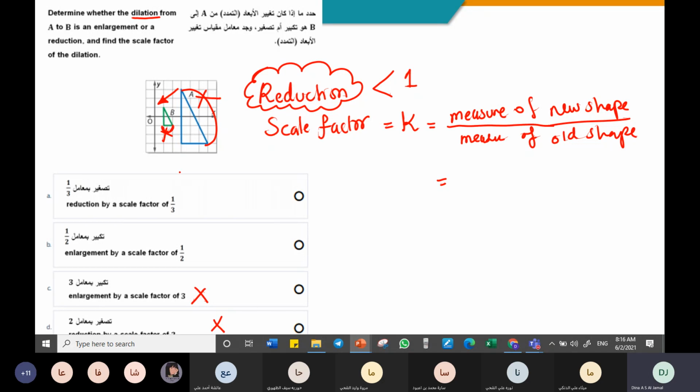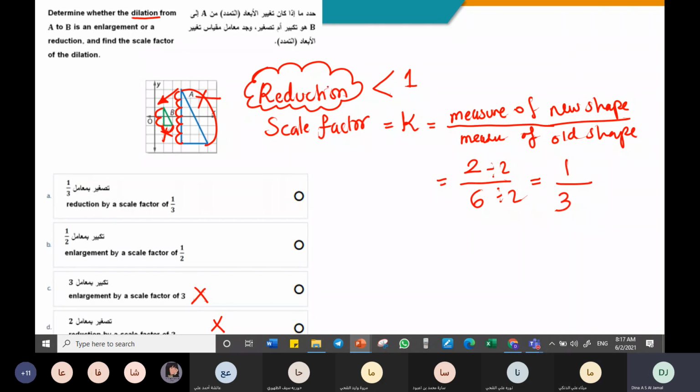So how many units do you see? Here 1, 2, so 2 over 6: 1, 2, 3, 4, 5, 6, and we are done. Now, what is 2 over 6? Divide by 2, 1 over 3.